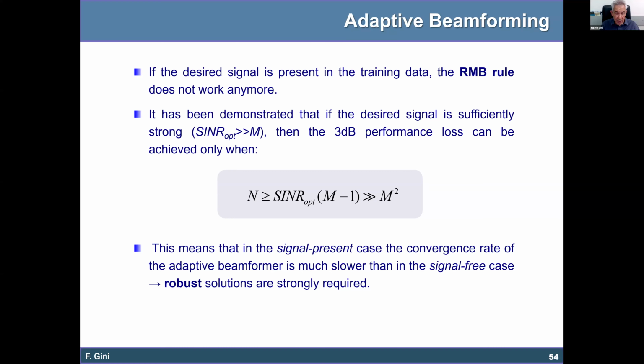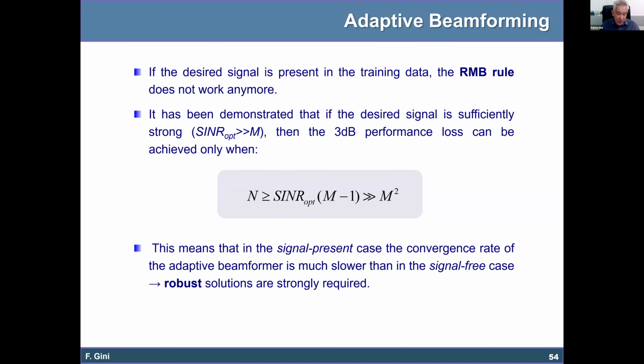So the convergence rate to the performance of the clairvoyant beamformer is much lower in the case where we cannot collect signal-free secondary data with respect to the case where we can collect signal-free secondary data.